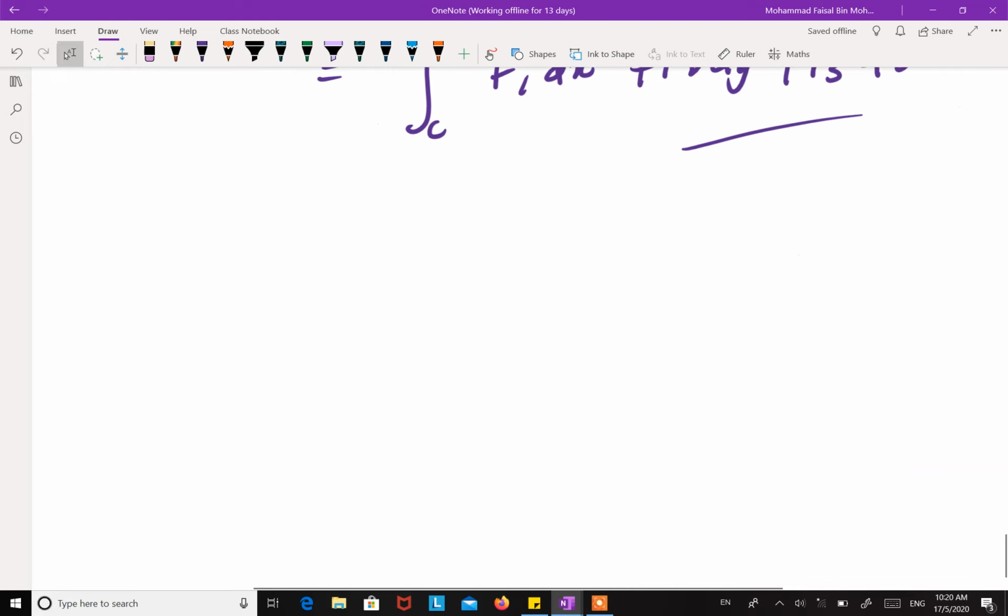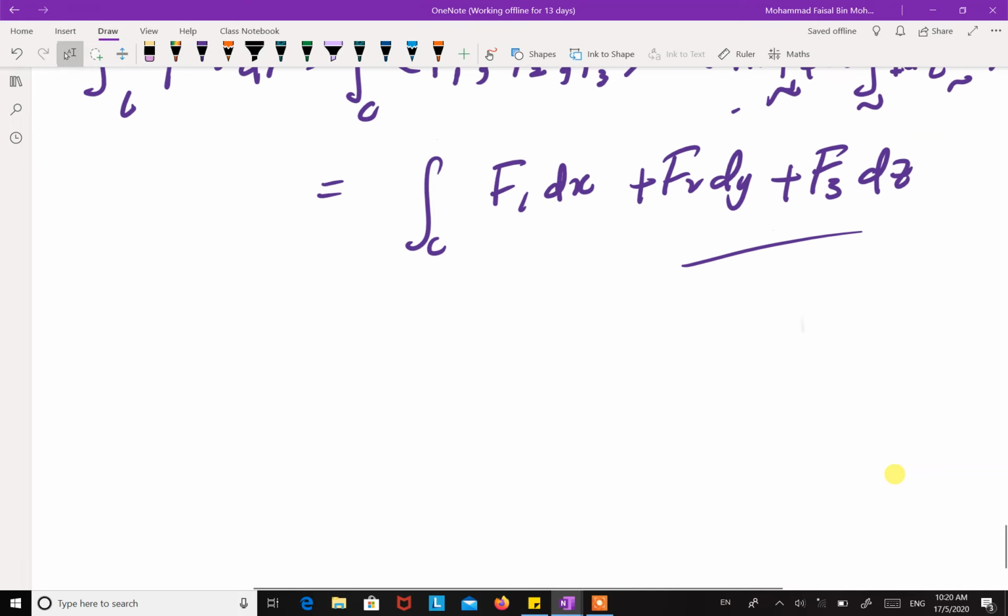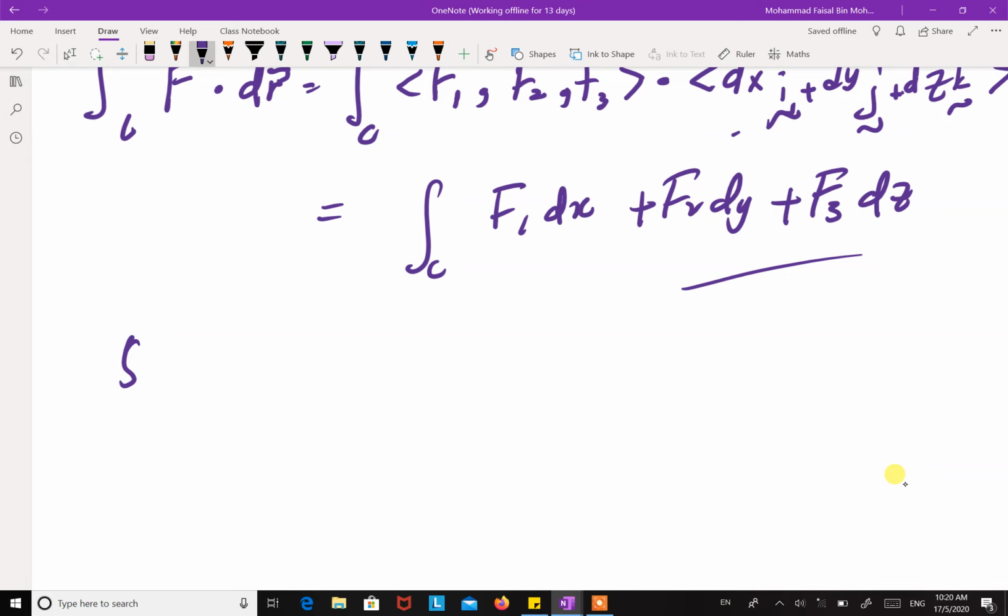Okay, so we see example 5. This is 5.2.1, line integral around open curves.